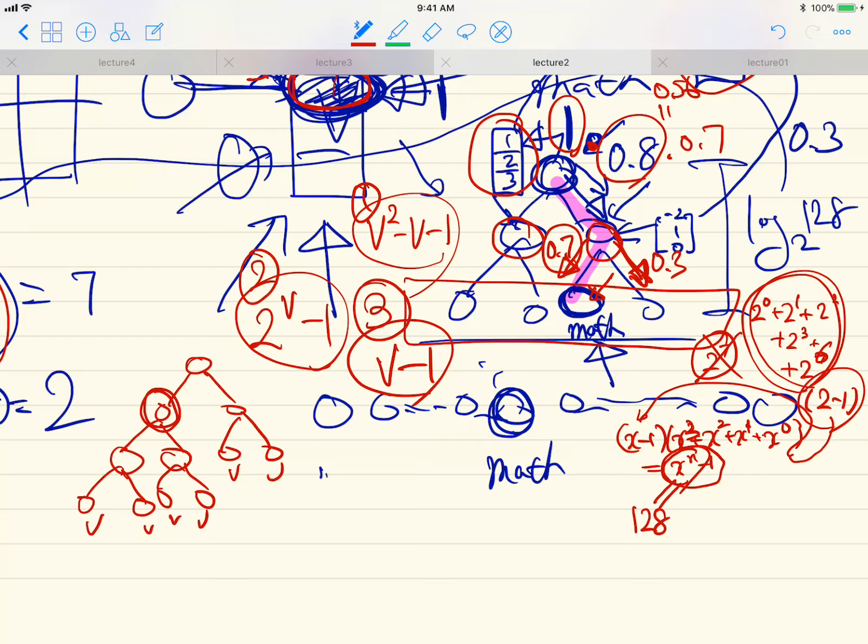But even though we have a really large number of parameters, for each forward and backward pass we only need to compute log v computations. Okay, so that is the main point for this hierarchical softmax.